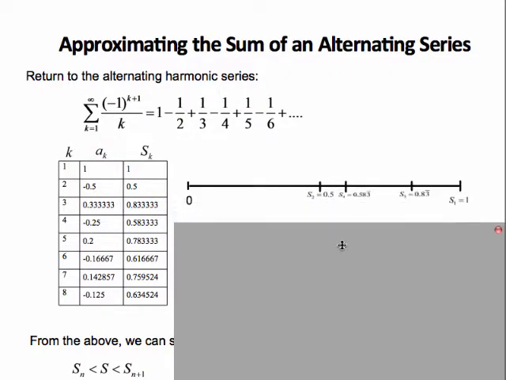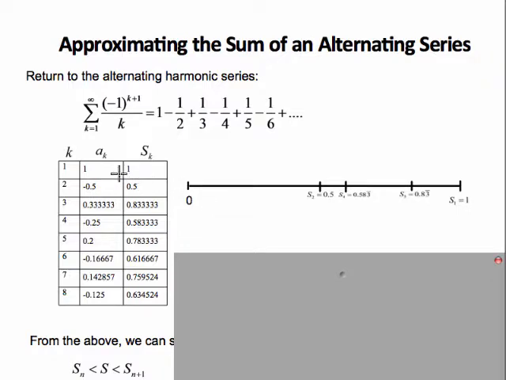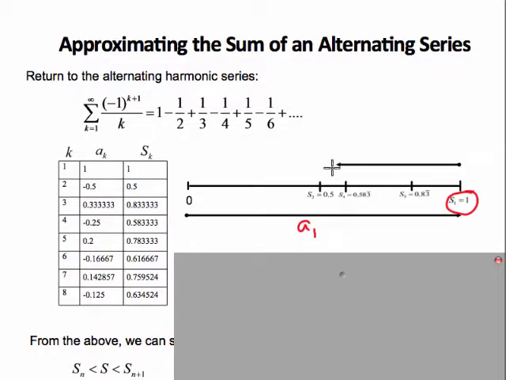And I'm also going to show this sum visually. So I'm starting off at 0. My sum is 0 to start with, and after the first term I can see that my sum is 1. Right there, the sum of the first term is 1. So what I've done here is I've added on term 1. If I then add on term 2 from that point, which is a negative value, so I have to go back 0.5 of a unit, I land at S2.